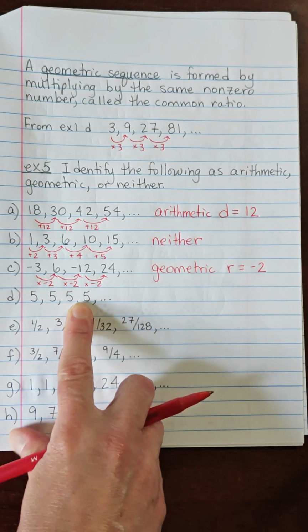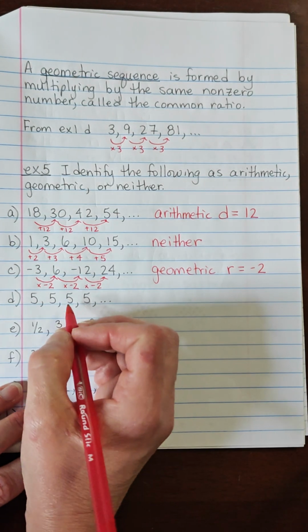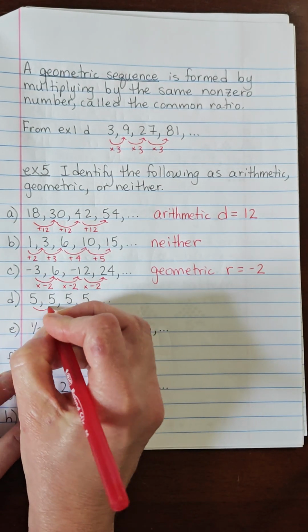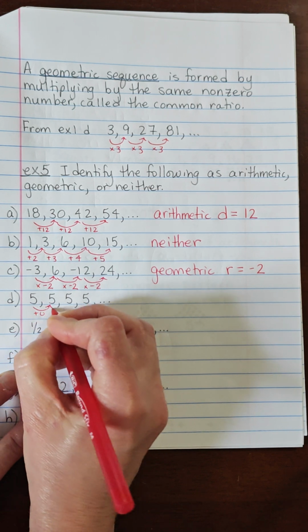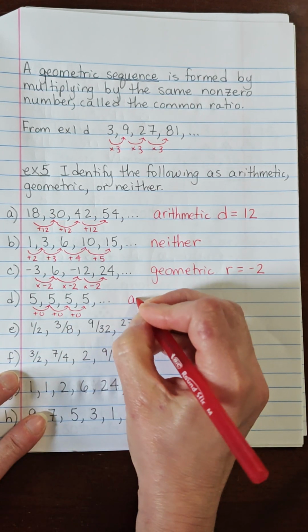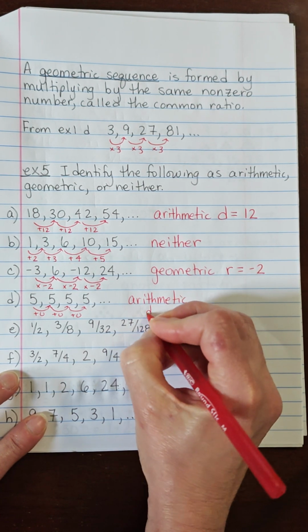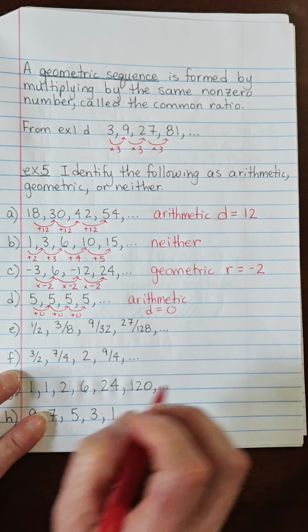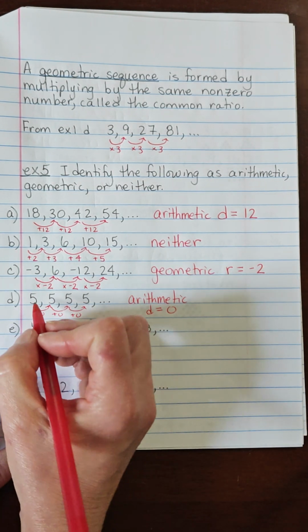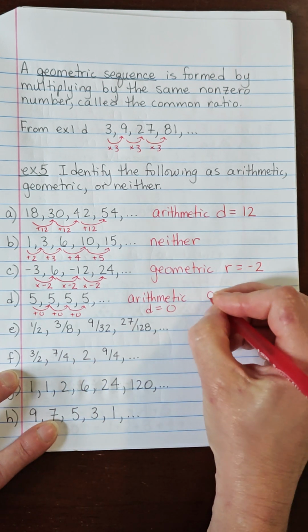All right, next up, 5. All right, well, you might say, oh, I'm just adding 0 every single time. So it's arithmetic. And my common difference is 0. But get this, you could also say, oh, no, it's also geometric.